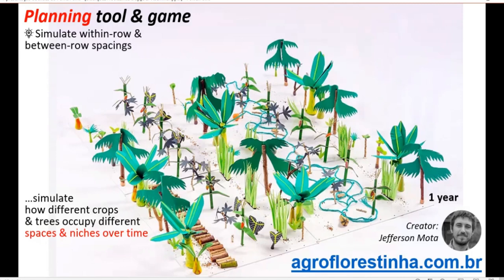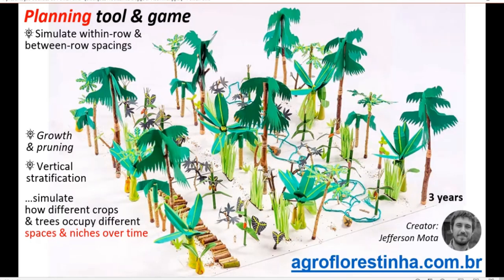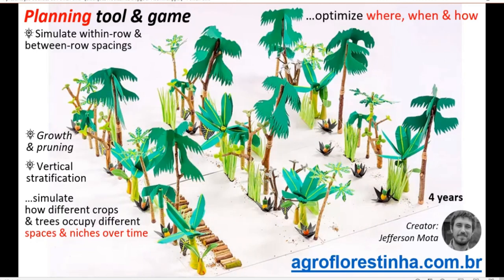We add also woody mulch in particular spaces that avoid the excessive immobilization of nutrients and address the nutritional needs of plants, and simulate the vertical stratification, crucially. So it's basically a game to optimize where, when, and how in successional agroforestry.